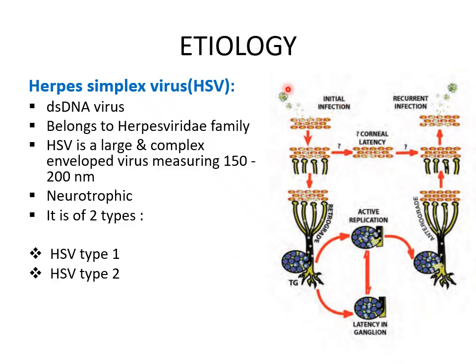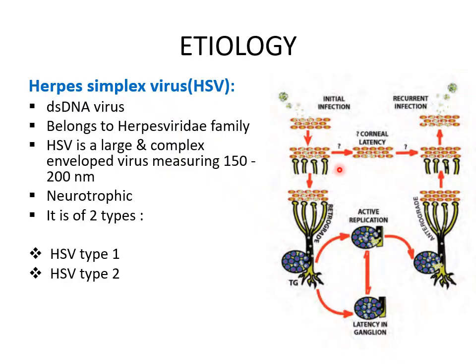So the initial infection is characterized by the virus entering the epithelium, multiplying and causing a primary disease. After that, it travels retrograde through the nasociliary nerve and reaches the trigeminal ganglion, and it lives there only to become reactivated by some stressor, and then it travels anterograde back to the target organ, the cornea, and causes a recurrent infection.